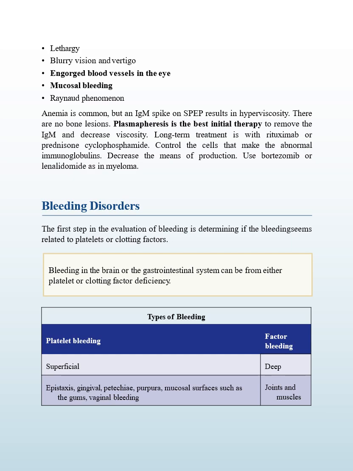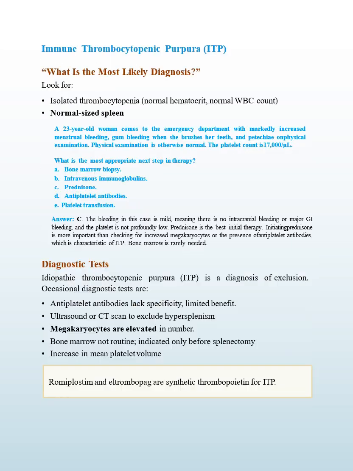Let's go to the next slide, slide number 52. Slide 52 will discuss so-called ITP, or immune thrombocytopenic purpura. If the question is asking what is the most likely diagnosis, we need to look for isolated thrombocytopenia, which means normal hematocrit and normal WBC count.